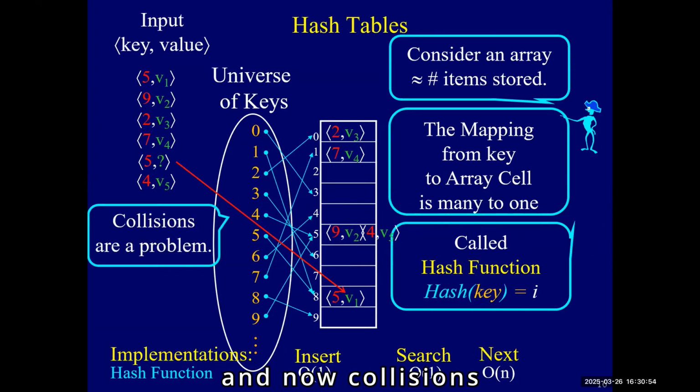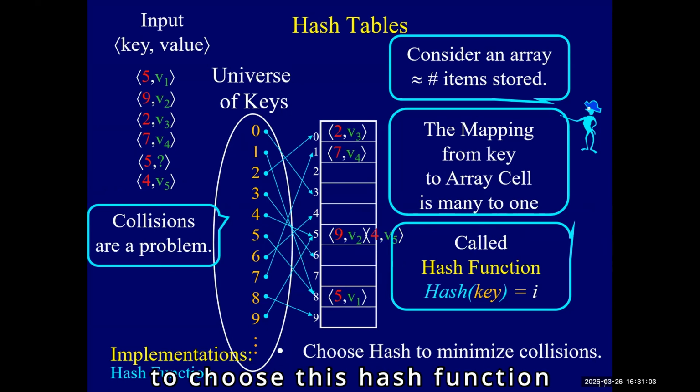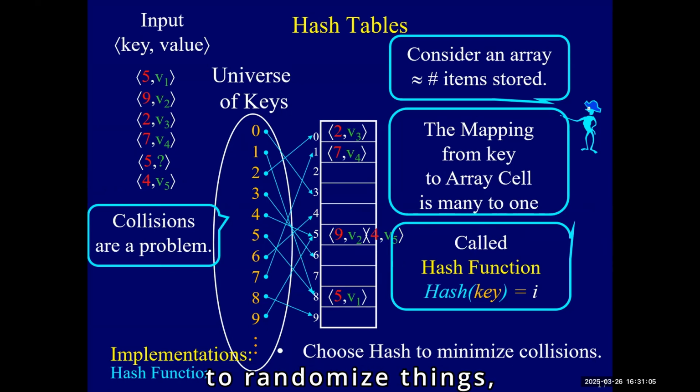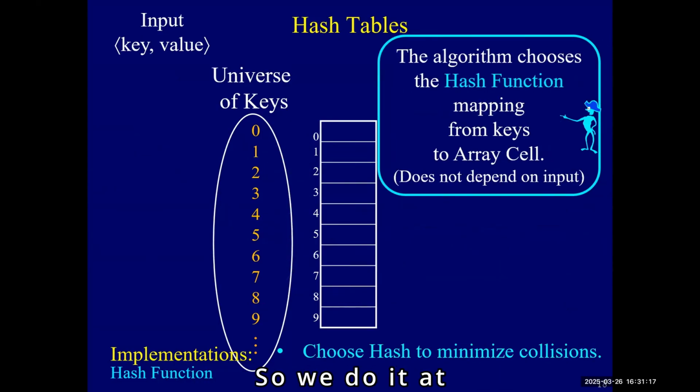Oh, and now collisions are a problem. So what we're doing is choosing this hash function to randomize things, to avoid collisions, and we have to deal with collisions. And how are we going to choose our hash function? We do it at the beginning, before anything arrives.